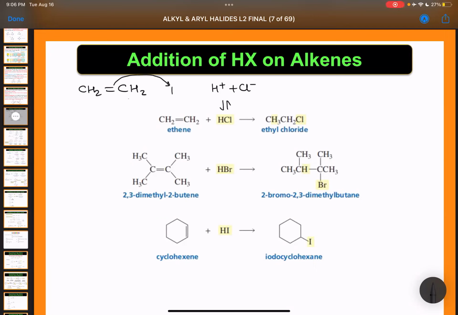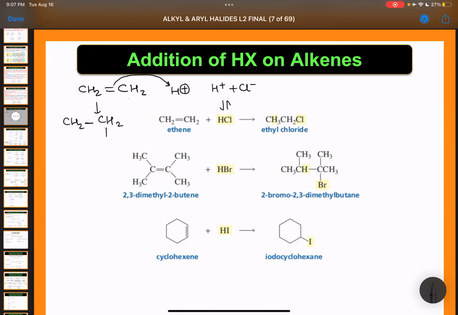So H plus will come and take the electron density. Just note down the arrow. Where do I put the arrow? From the source of the electron to the destination. So what I get is this one.